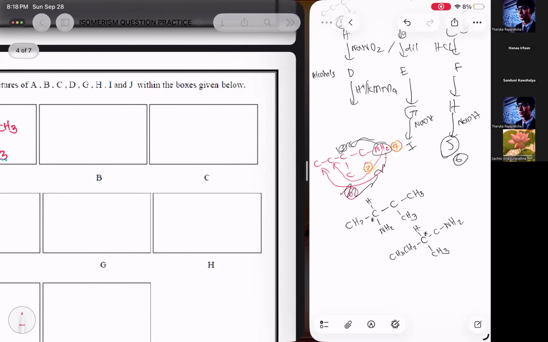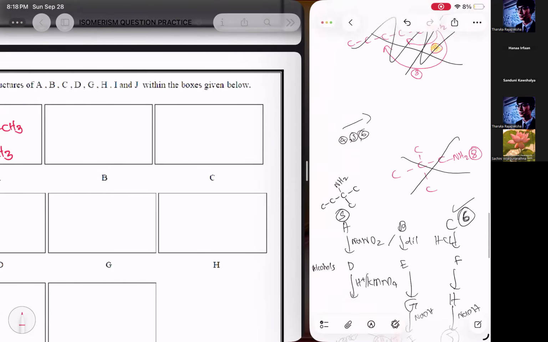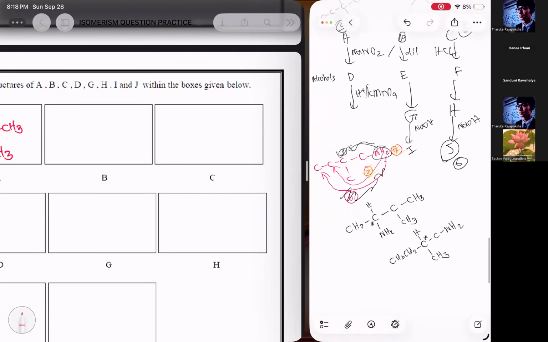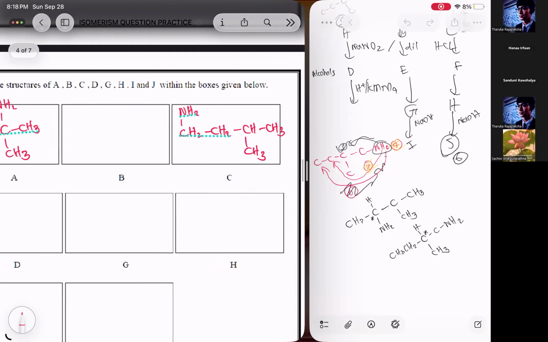Let's leave it like that. C we found out is the sixth structure. The sixth structure is this: CH2, CH2, CH, CH3, CH3. There you go.